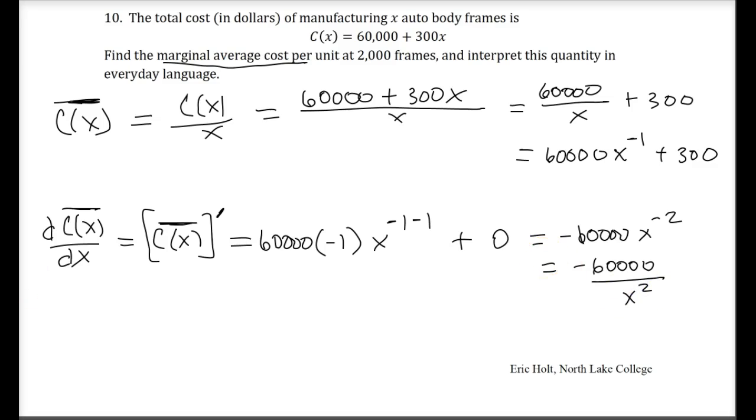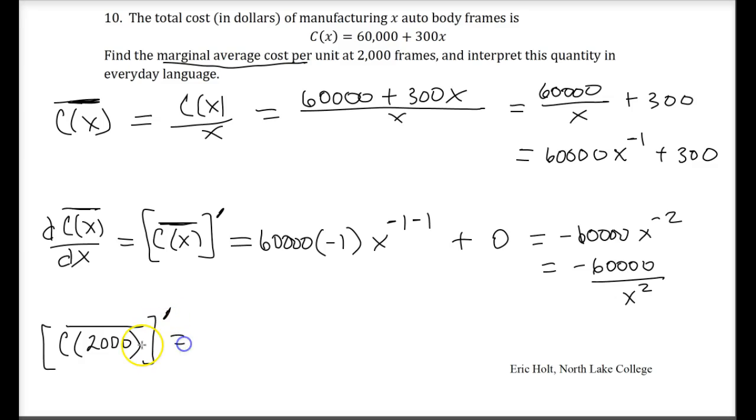Now we need to evaluate this at x equals 2,000, because x is auto body frames. So I'm going to say it's 2,000 like that, put the line over it.